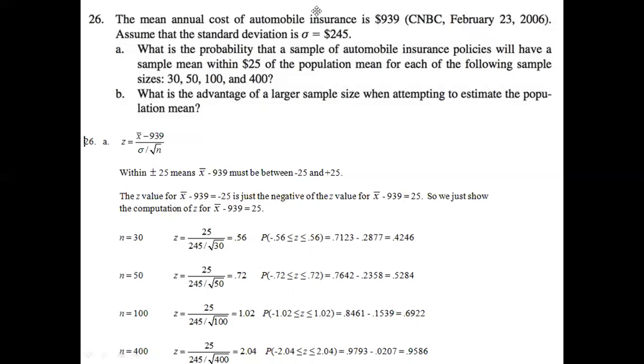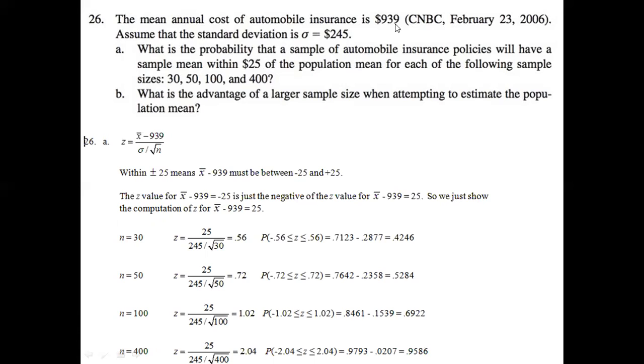All right, so we're going to have to use the z equation. So it's going to be z equals x bar minus our mean, which is 939, divided by sigma, which they gave us as 245, divided by the square root of n, which is going to be varying between 30, 50, 100, and 400. They tell us that it's going to have to be within $25 of the population mean.